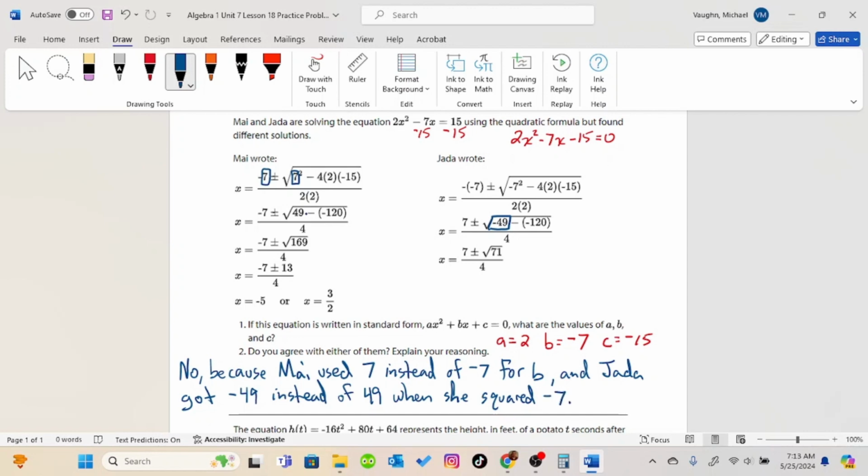So both of them are wrong for different reasons.